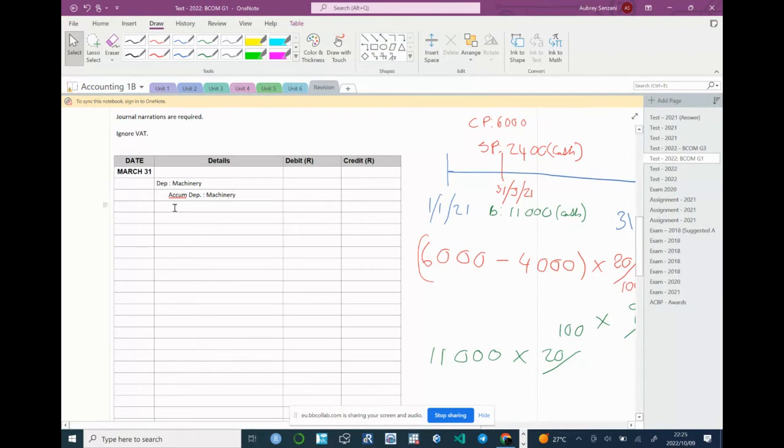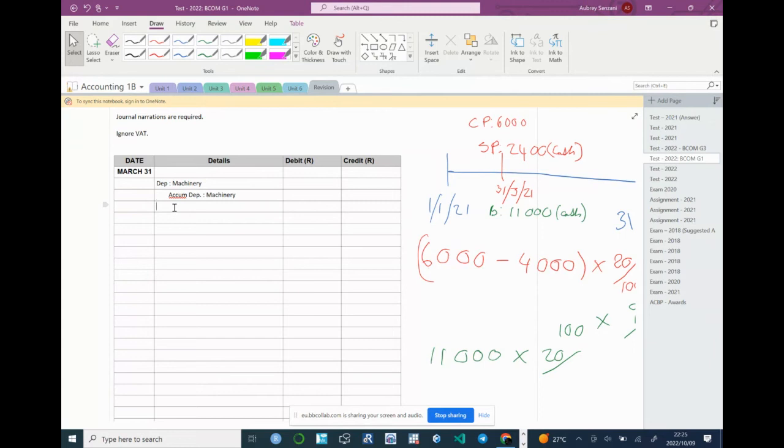All right, and then narration, what are you writing in narration? Okay, yes. What else? You could have even just written depreciation on machinery, something to that effect.